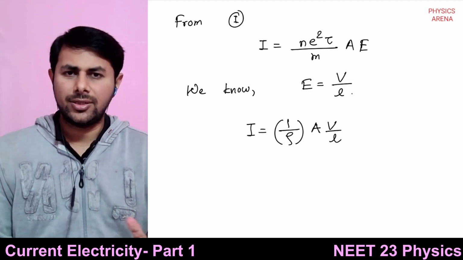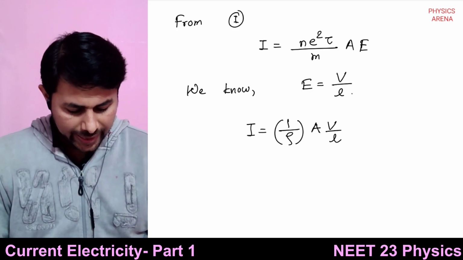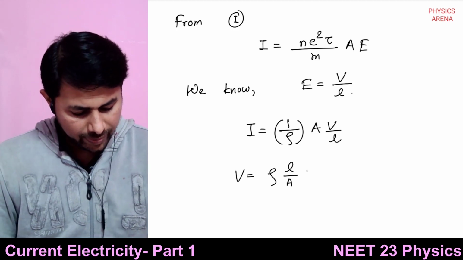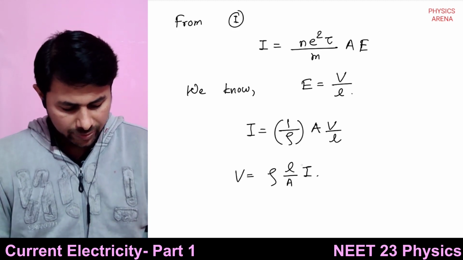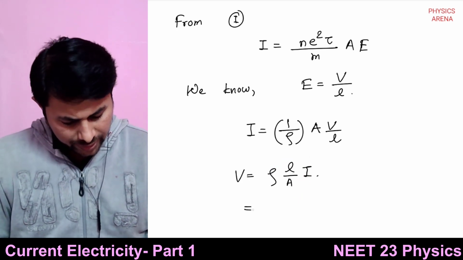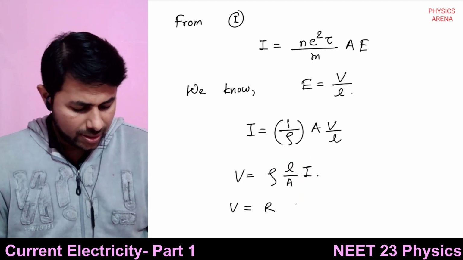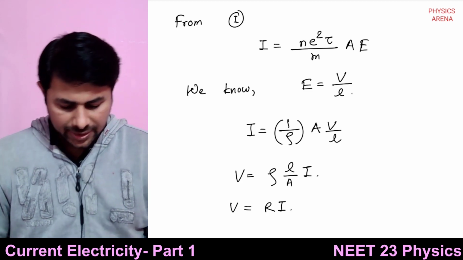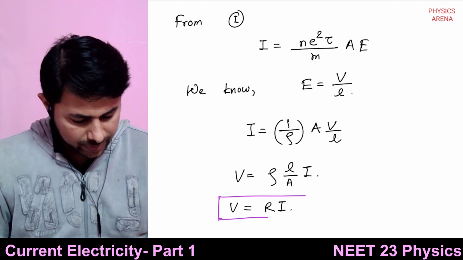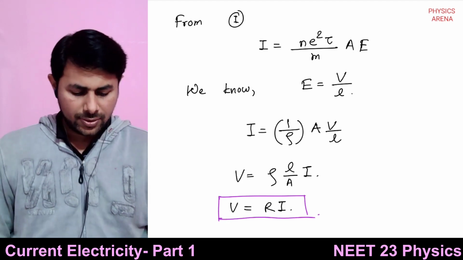Now let's move the things to the left hand side. So we get V is equal to rho multiplied by L upon A multiplied by I, and what is this thing? This is resistance of a material. So we get V is equal to R multiplied by I, right?